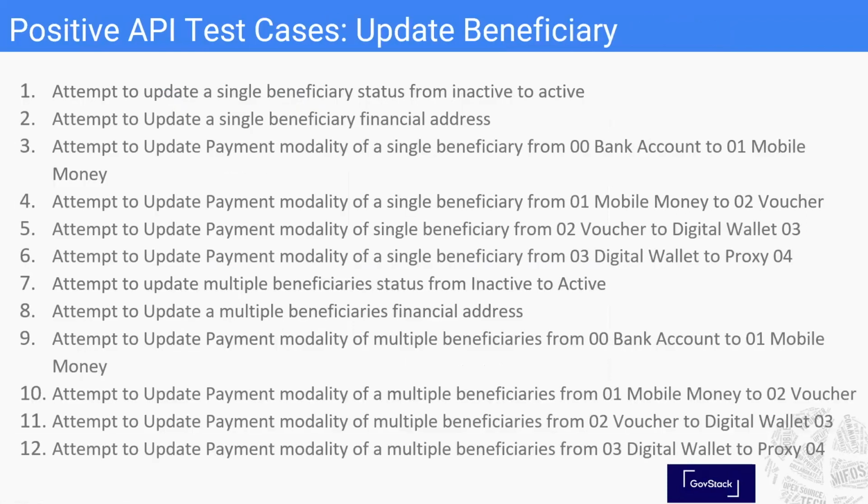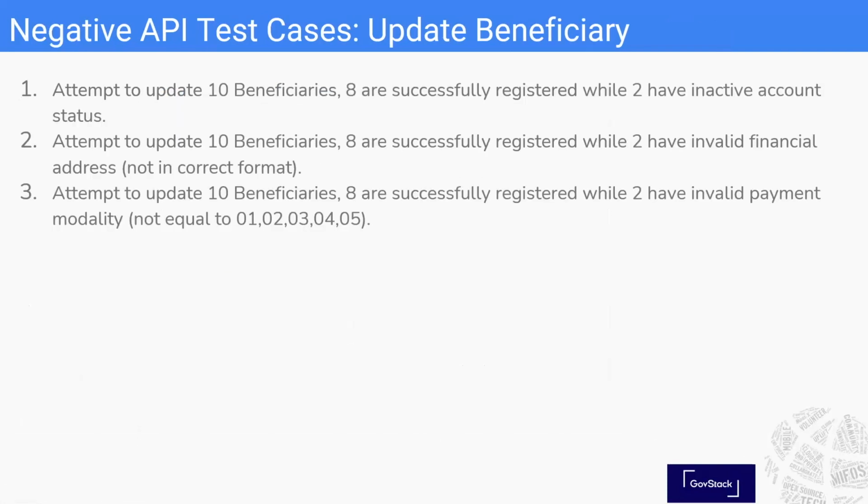Similarly, we have some test cases for updating the information of the beneficiaries. There are various ways. Again, you could be testing out the formats, the input amount that is being sent, the IDs that are being sent. So all of these lists, we're going to go through them because they are over here. Negative tests could be, for example, you're trying to update 10 beneficiaries.